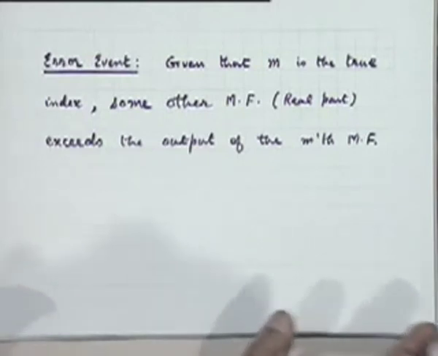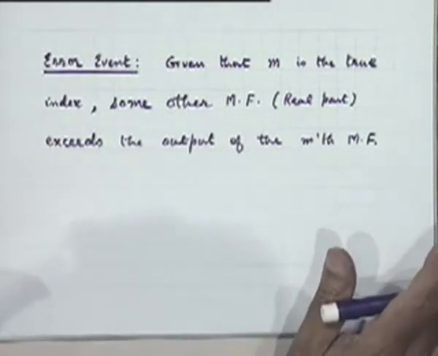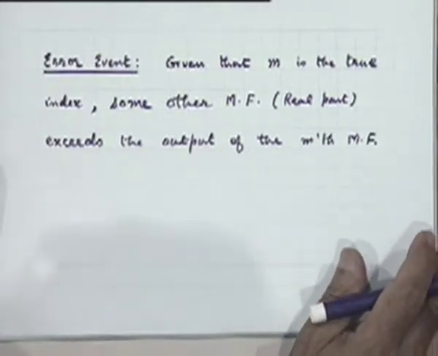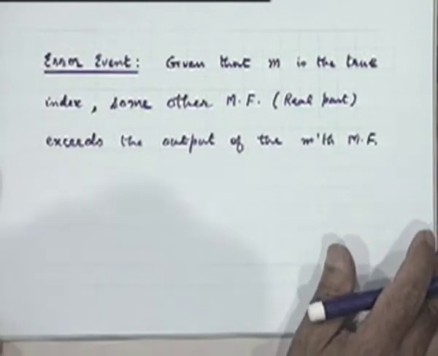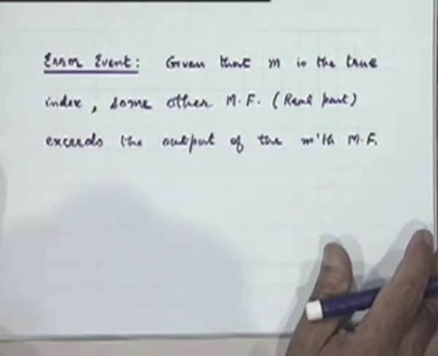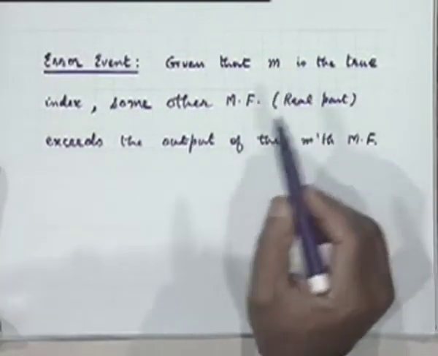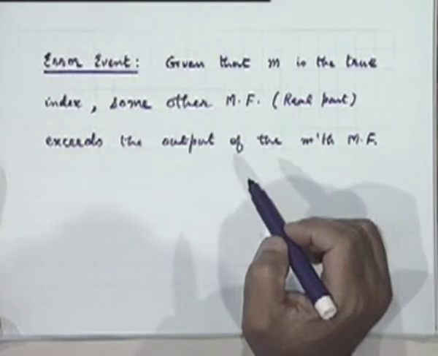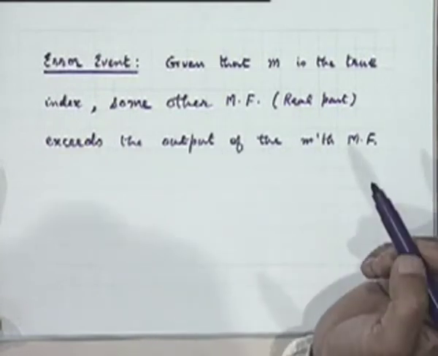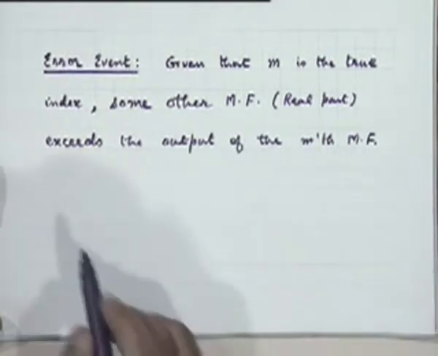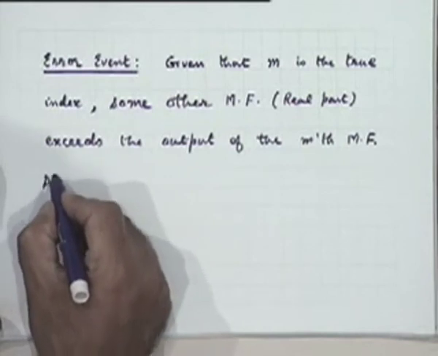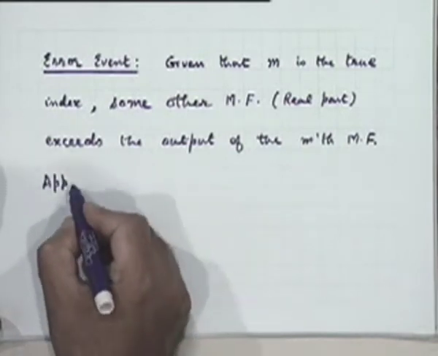This is a reasonable statement of the error event based on which we can try to compute the error probability. You all agree with this? The true index is M, but the largest output is not coming from the corresponding match filter but some other filter, right? The approximate method uses what is called a union bound method for calculation.